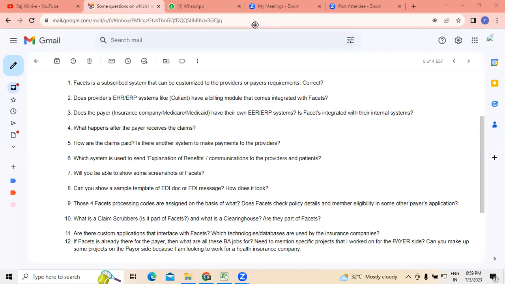But in this process, data migration is also required because we have to migrate the complete data. So data migration will be taken care of here. This is why, when we talk about customization, it is not completely customized, it is configuration. Facets configuration is what, as a business analyst, we have to do upon the request received.